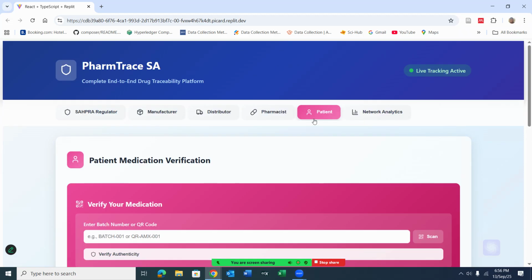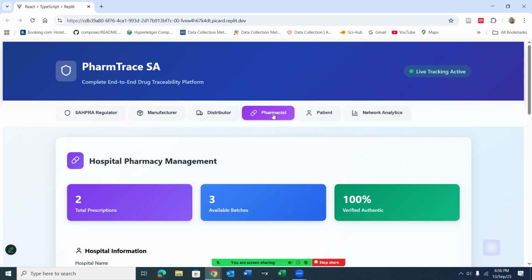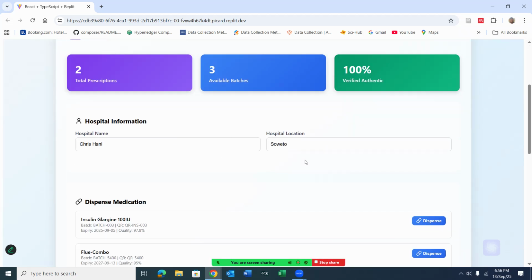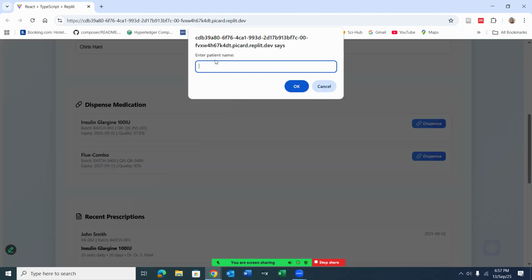But now they came back for flu. So we realized that this patient is having flu, the patient is diagnosed with flu, then the medication is dispensed to the patient. The name of the patient is SIPO.